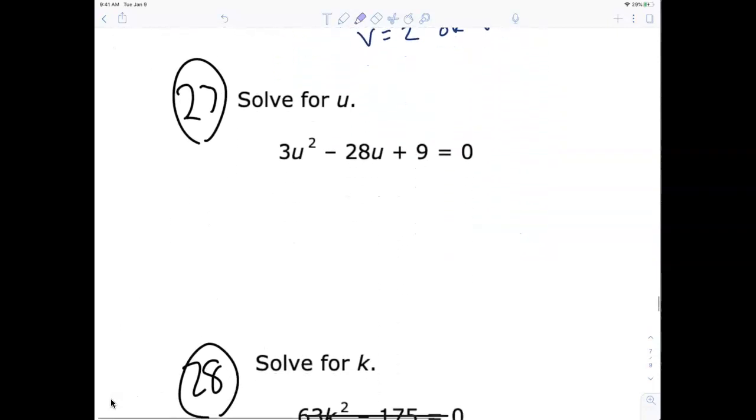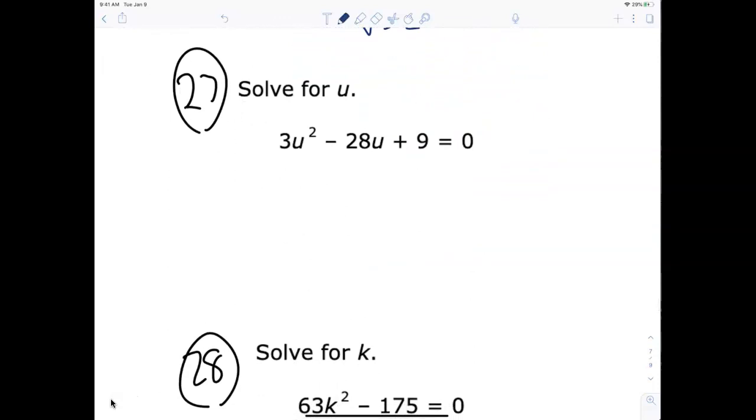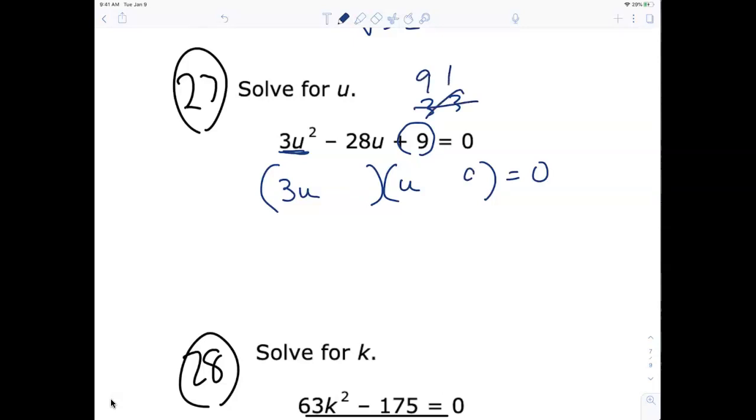Let's check out 27 now. So for 27, again, the only way to make 3u squared is with 3u and u. Now the factors of 9, I can choose 3 or 3, but then I would have a problem because there's nowhere for the 3 to go. So that's how I knew automatically it was going to be 9 and 1, because the 9 has to go here, the 1 has to go there, because 1 is the only factor of 3.